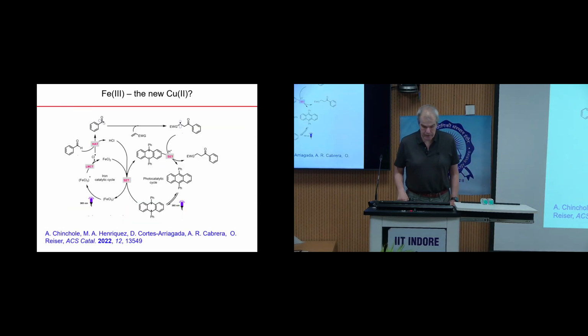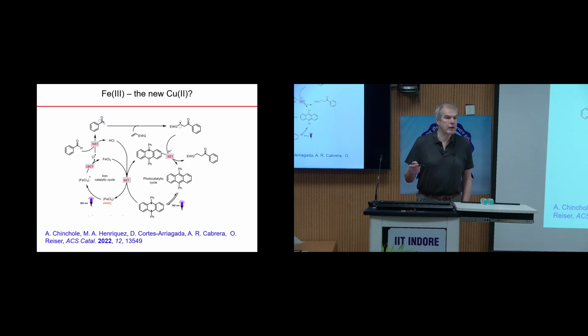And let me show you this. And so what we think is we have an iron photocatalytic cycle and we have a photocatalytic cycle which comes from this anthracene molecule. And so in the iron photocatalytic cycle, what should happen is that we excite the iron 3 chloride.